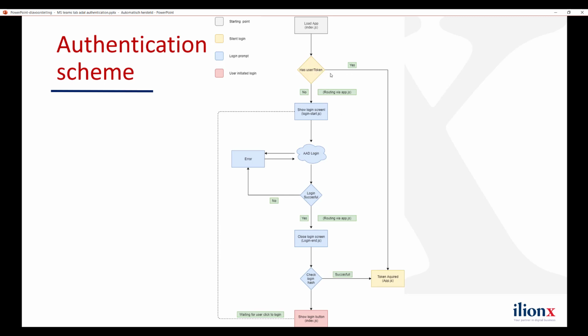If it doesn't have a user or a token, then it wants to go to login-start.js, and we do that via routing in app.js. So once it gets there, it's going to open a pop-up, and in the pop-up we have the login screen from Microsoft.